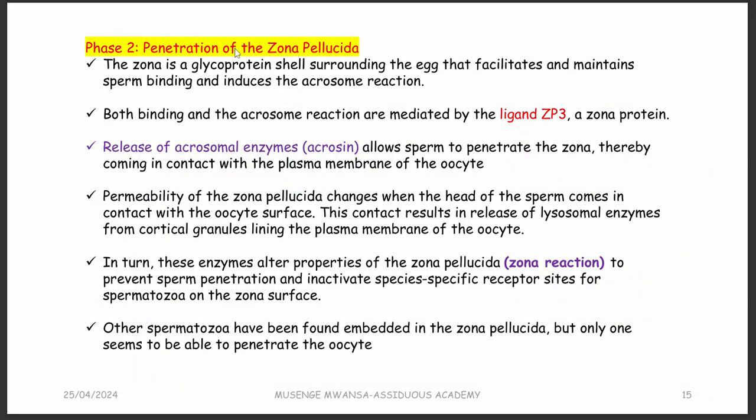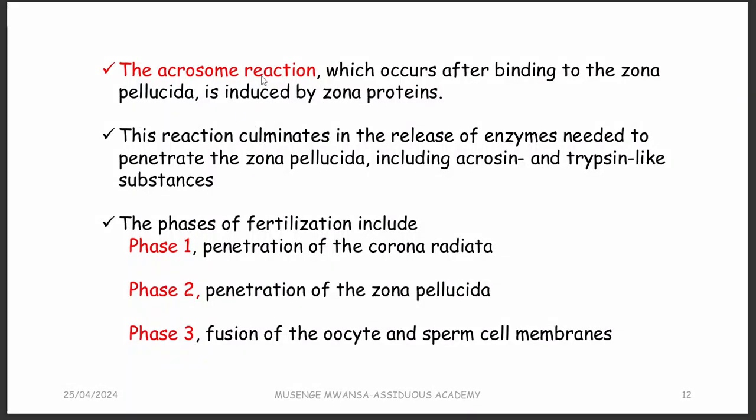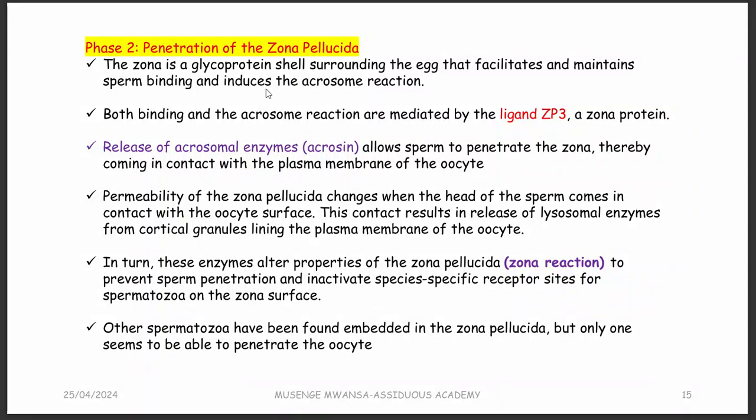The acrosomal reaction allows the binding of the sperm with the zona pellucida and then it to be pushed in.